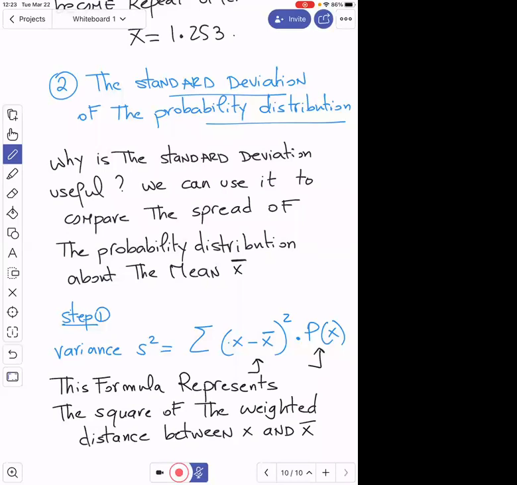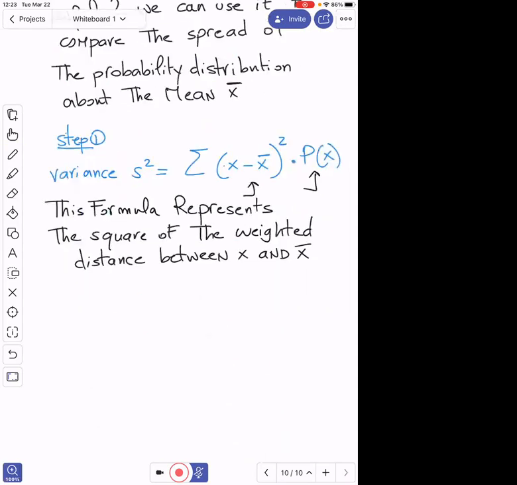So it's a weighted distance between X and X bar. And so that's the first step. You need to compute this S squared.